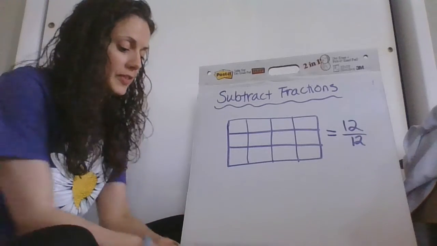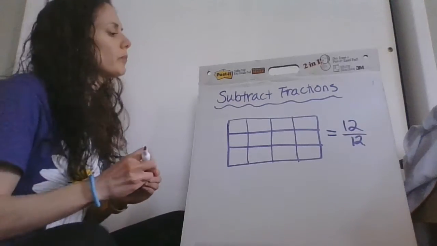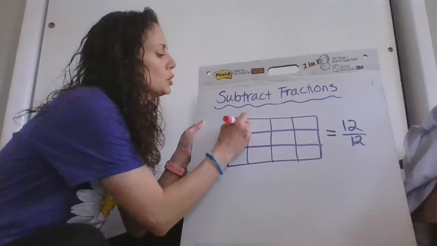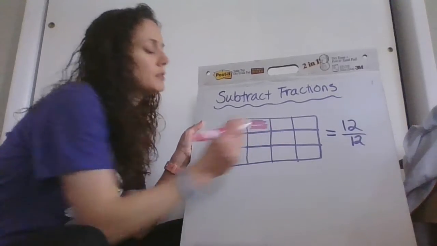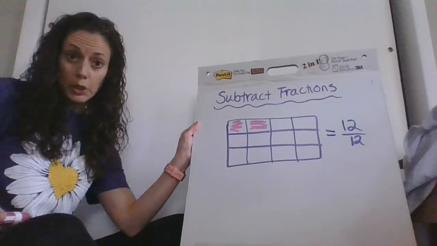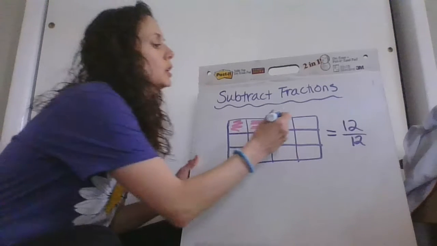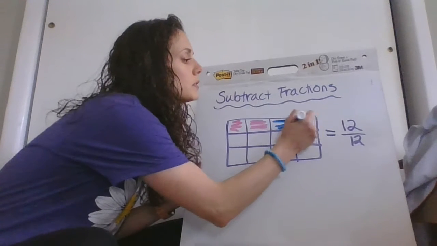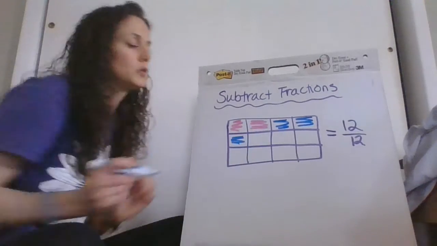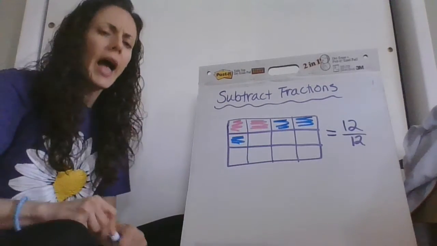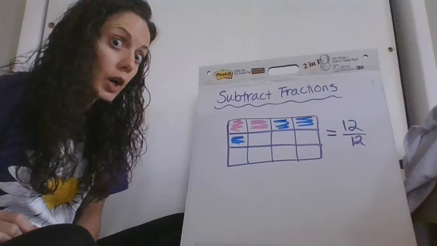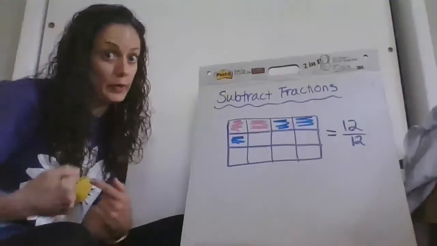Let's say that I serve 2 twelfths to my daughter, and I serve 3 twelfths to my son. How much cake is left over for me, right?